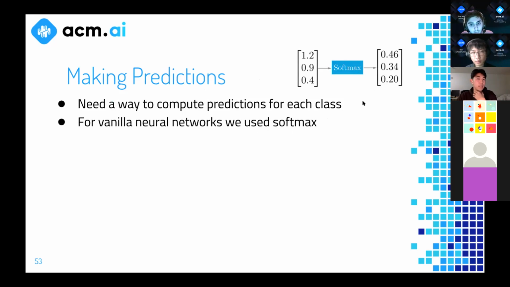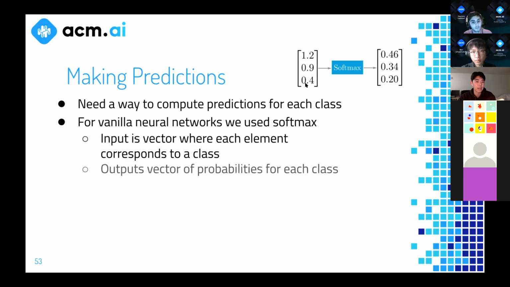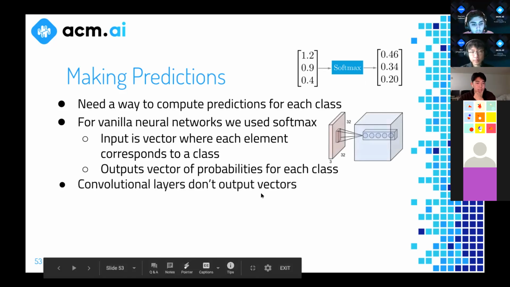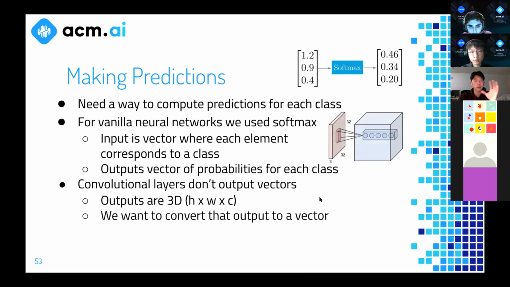That's the intuition behind a softmax. The input vector has an element that corresponds to a class, and then we output probabilities for each class. Again, with convolutional layers we end up with an output volume, so we have to think of how we want to convert this output into a vector so that we can make our classification through our prediction.